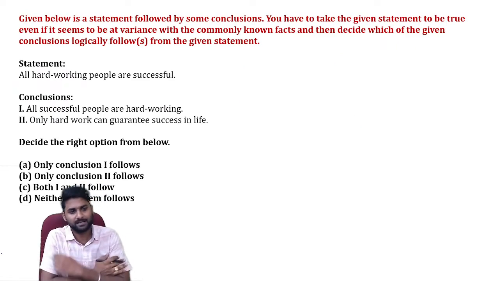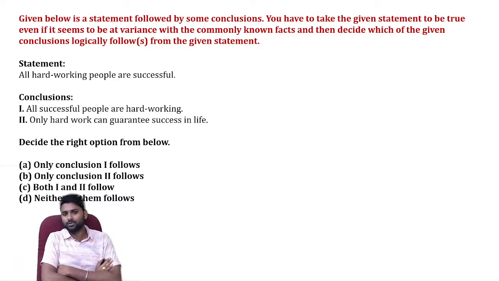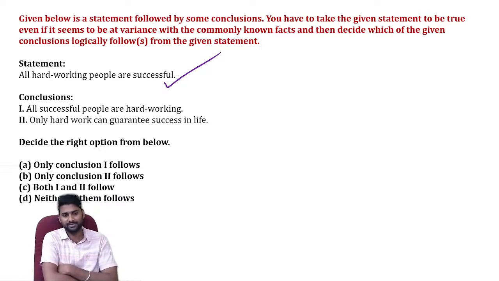Next. Just understand this. We have a statement followed by some conclusions. You have to take the given statement as true, even if it seems to vary from commonly known facts, and decide which of the given conclusions logically follows from the given statement. So here the statement: all hardworking people are successful. It's a generalized statement. But can we conclude from this that all successful people are hardworking?